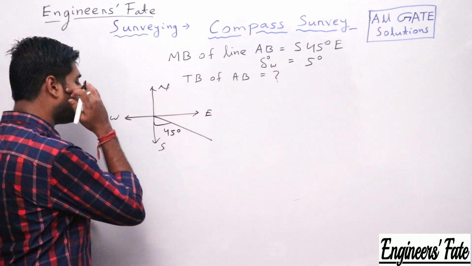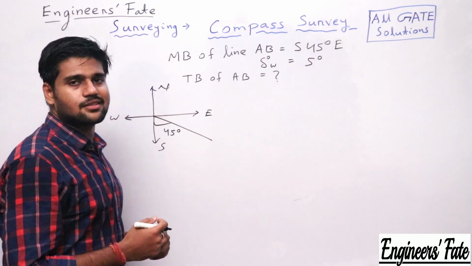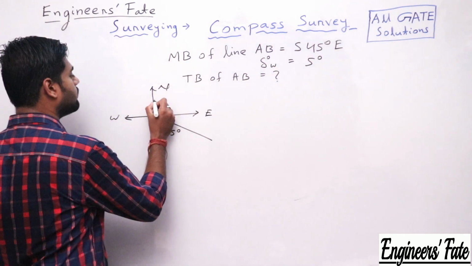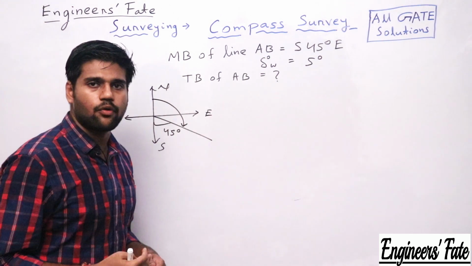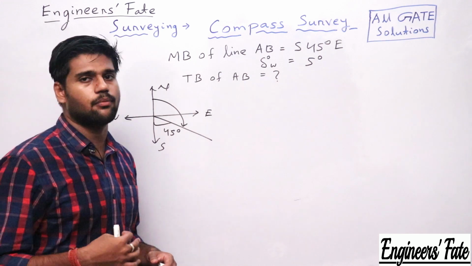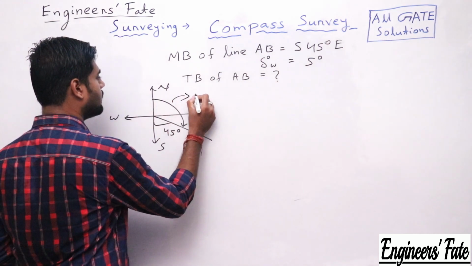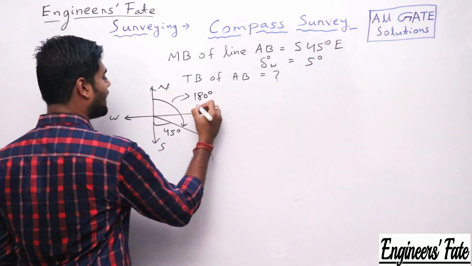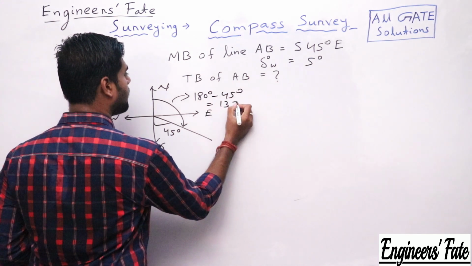In the previous video I told in detail about the quadrilateral system of bearing, and I hope you have understood that. Now I have to convert into whole circle bearing. In the whole circle bearing, we always take the reference from north. So this total is 180 degree minus this 45 degree, so the answer will be 135 degree.